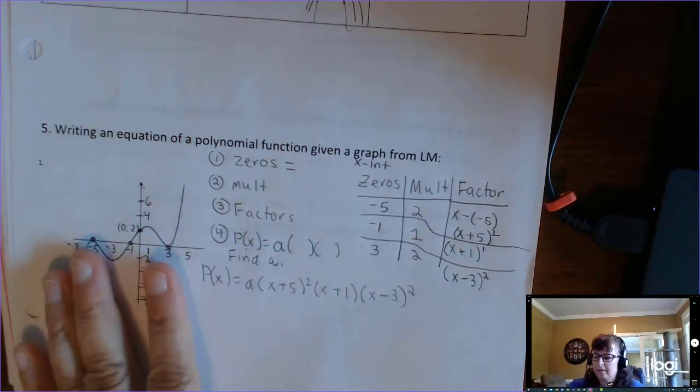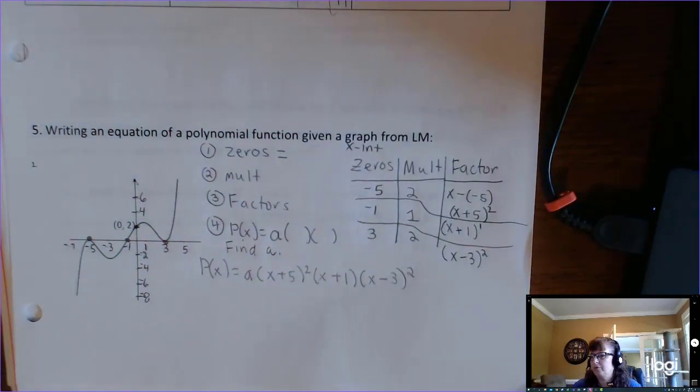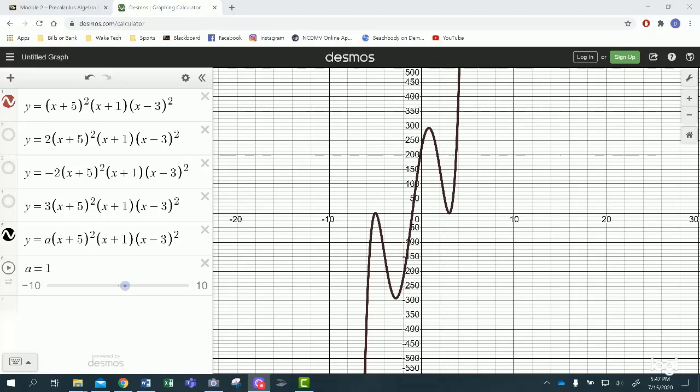It's really important, and I wanted to show you through Desmos why that is important. Okay, so in Desmos I have put in a bunch of functions, and I've only got one graphed. This is what the factored form that we just found, this polynomial, looks like if a is 1.